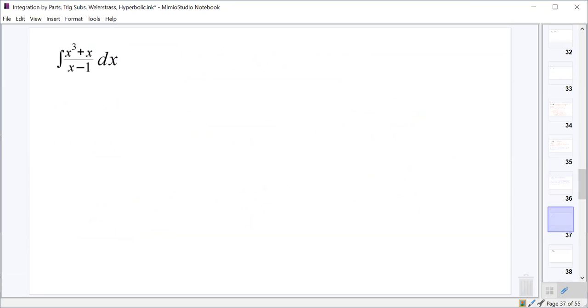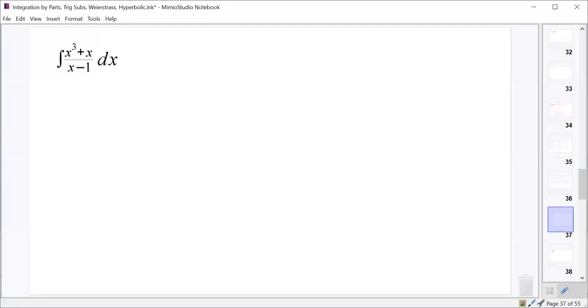All right, let's do another one. What do you think we should do here? What type of function do we have? We have a rational function.